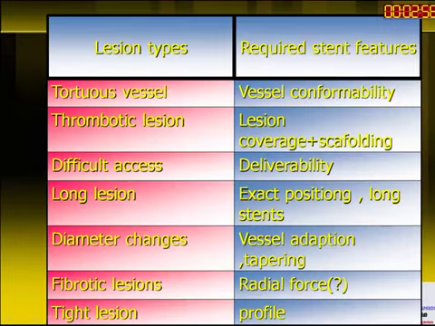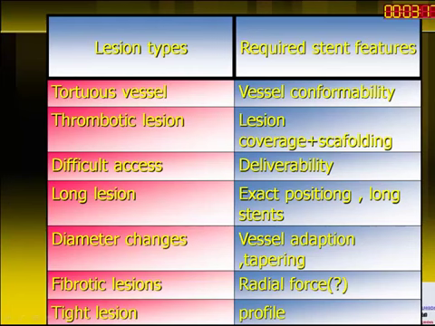Now each lesion characteristic will demand that you select a type of stent that matches. If you get a tortuous vessel, you need a stent with better vessel conformability. If thrombotic, you need good lesion coverage by a covered stent. In difficult access, you would like better deliverability.